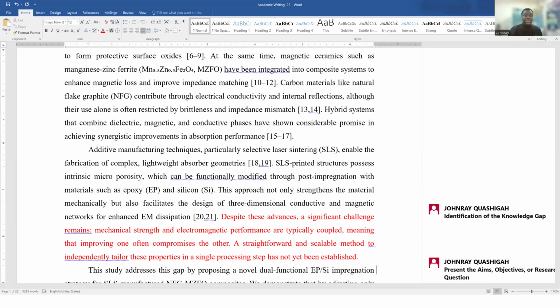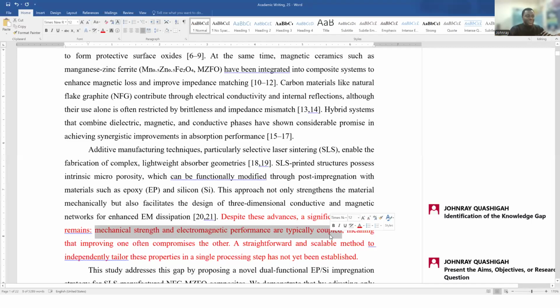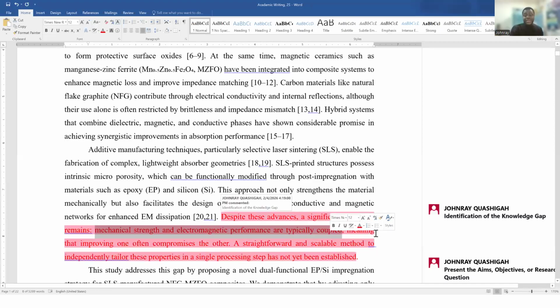And also I told you that when you are writing, you must explain some terms. If you look at it very well, the person has explained this term coupled. It says, mechanical strength and electromagnetic performance are typically coupled. If someone wonders what we mean by coupled, he went further to say, meaning, and explained what he is trying to say there.